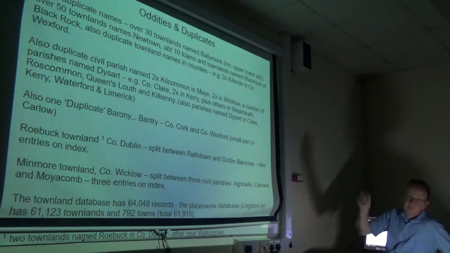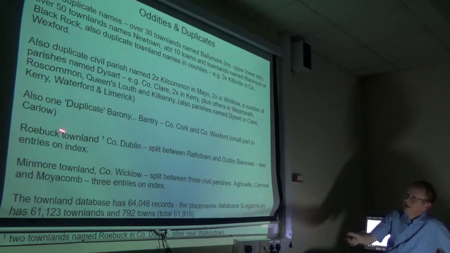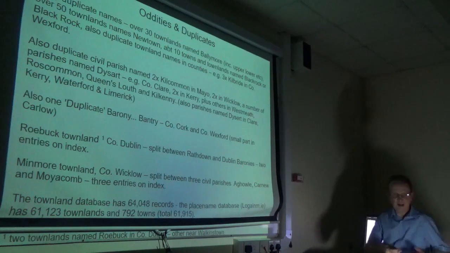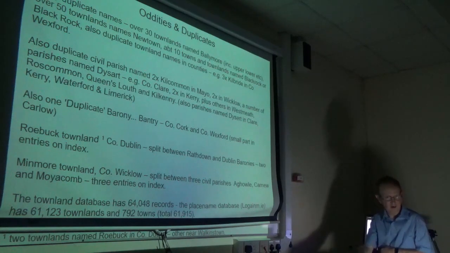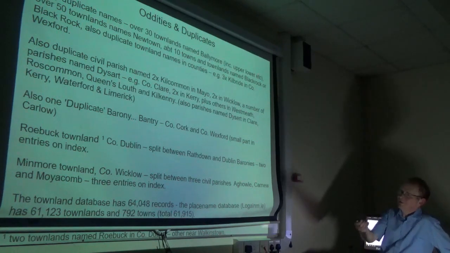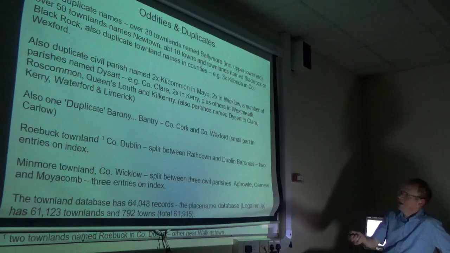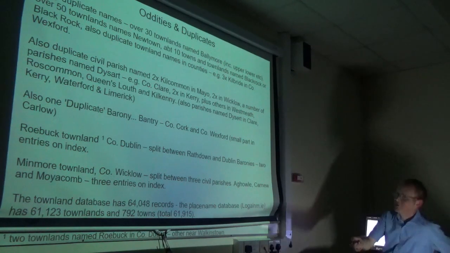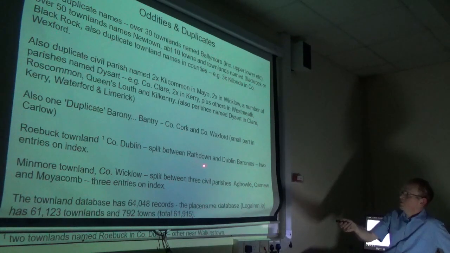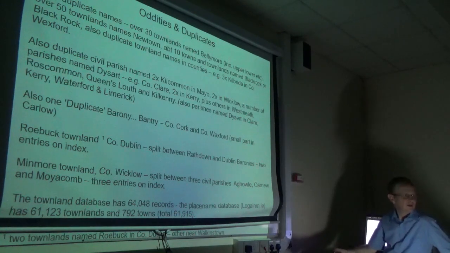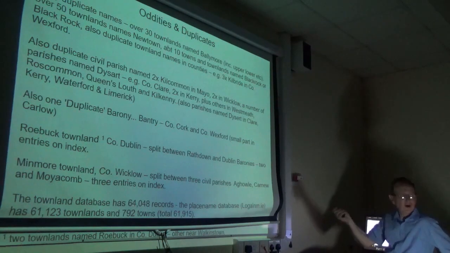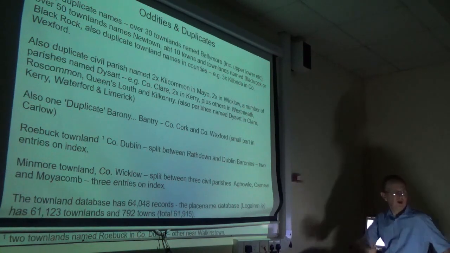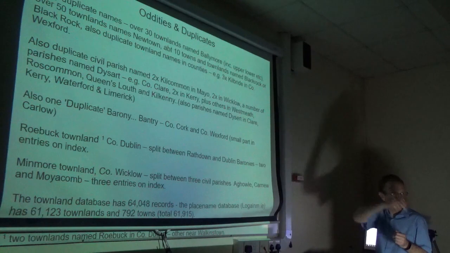The other type of oddity is that townlands aren't all neatly within civil parishes and baronies, or even counties. For example, my townland has a disclaimer there at the bottom that it is split between Rathdown and Dublin baronies. It's actually listed twice in the Townland Index, even though it's one townland.